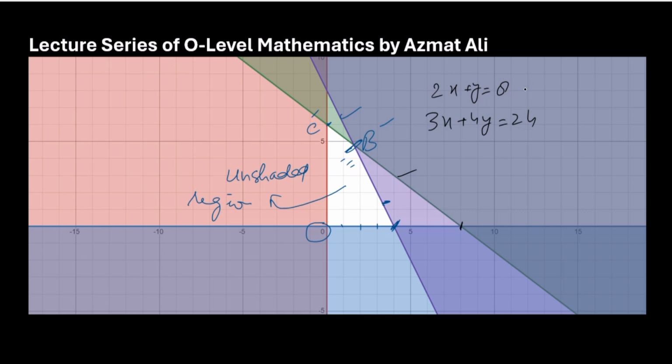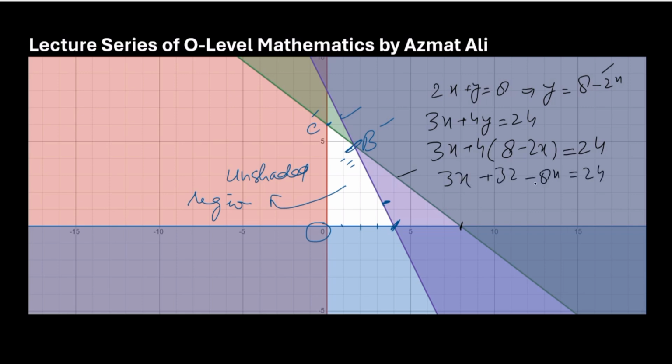How can we solve these two lines? From the first line we find the value of y, which is 8 minus 2x. We substitute y is equal to 8 minus 2x in the second equation. We have 3x plus 4 into 8 minus 2x is equal to 24. This becomes 3x plus 32 minus 8x is equal to 24. 3x minus 8x is equal to minus 5x, so minus 5x is equal to minus 8, x is equal to 8 by 5.